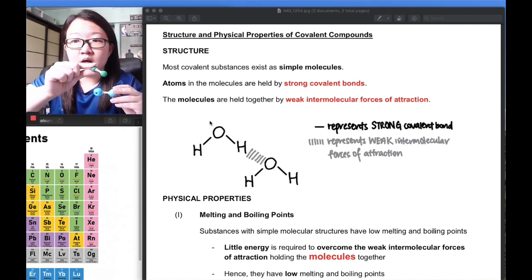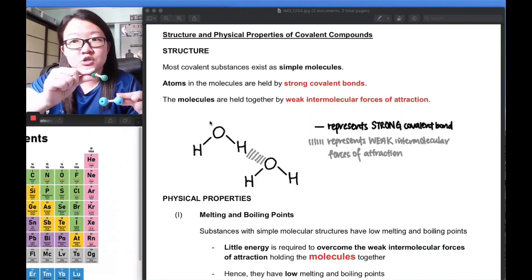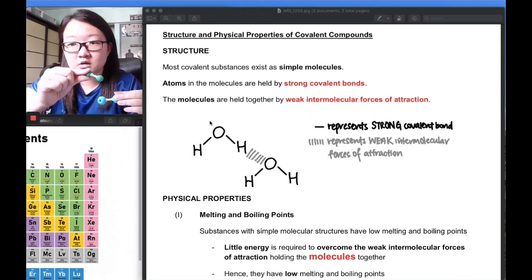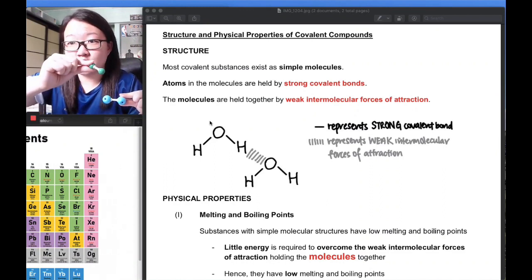Okay, so chlorine is in period 3, fluorine is in period 2. So obviously chlorine has one more electron shell, right? Chlorine has 3. The electronic configuration of chlorine is 2.8.7 versus fluorine, which is 2.7.